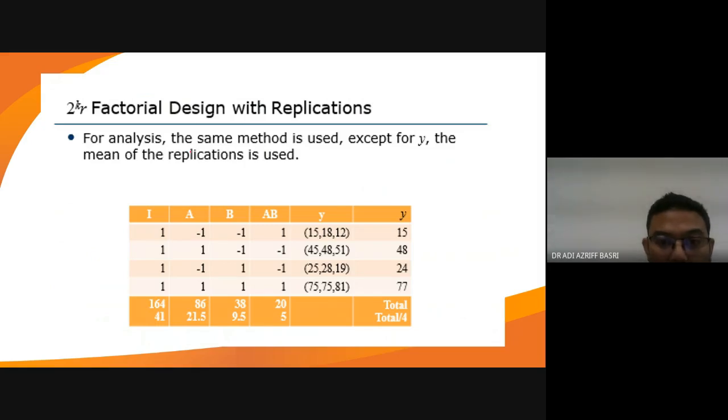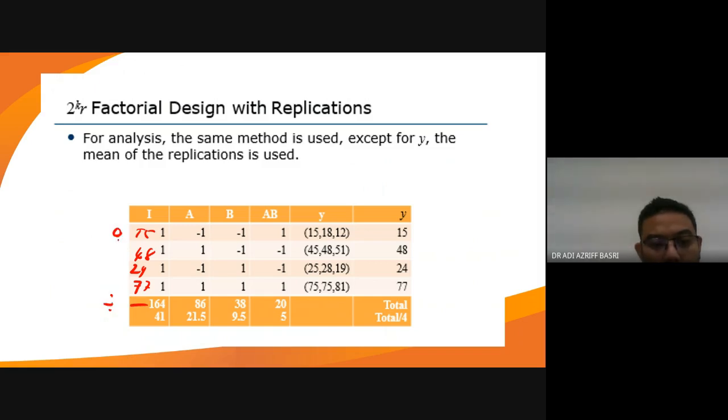And you see the same method is used, except that the mean of the replications is used. Okay, same method. For example, the calculation of I is the same. Okay, 15, all positive, 48, 24, 77, you will get 104 divided by 4.